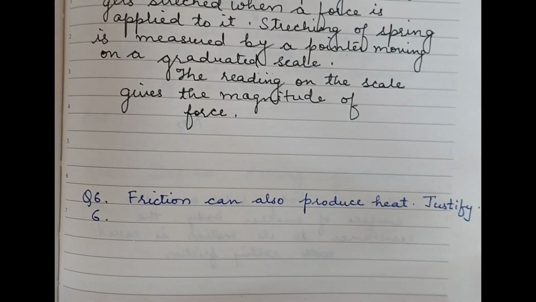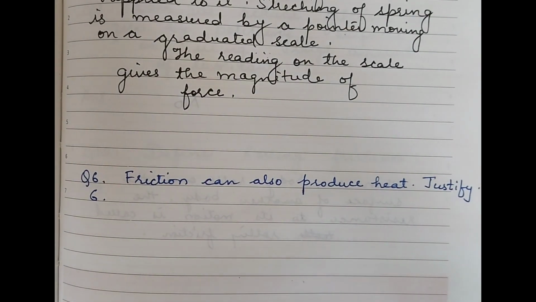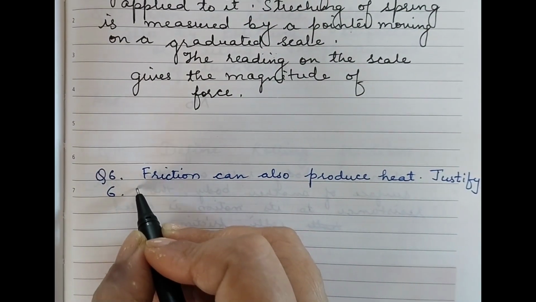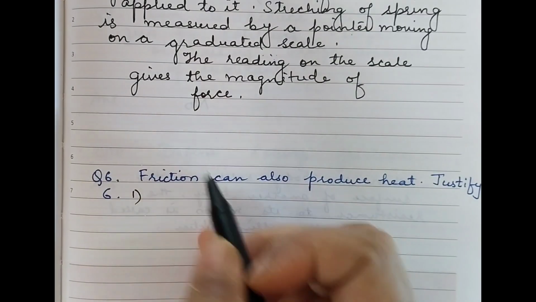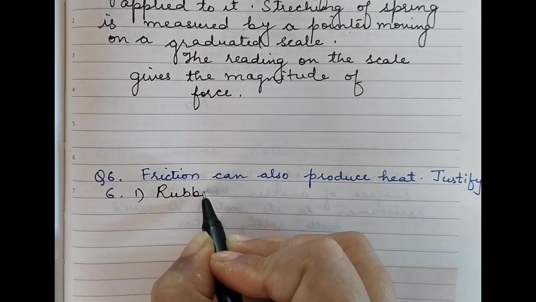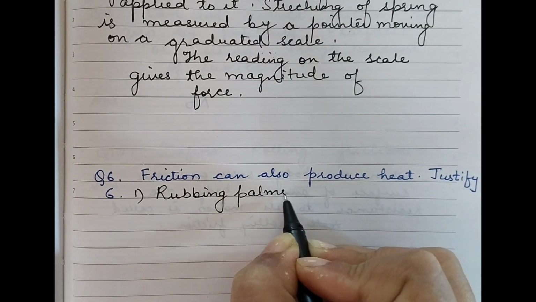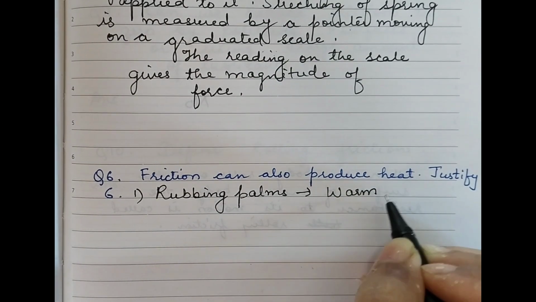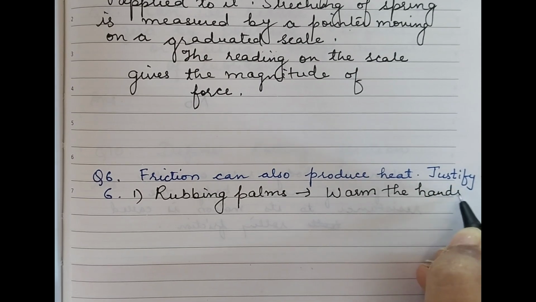Next is question number 6. Friction can also produce heat. Justify. There are so many examples through which we can explain this, that friction can also produce heat. Number 1, rubbing palms warms the hands, right?